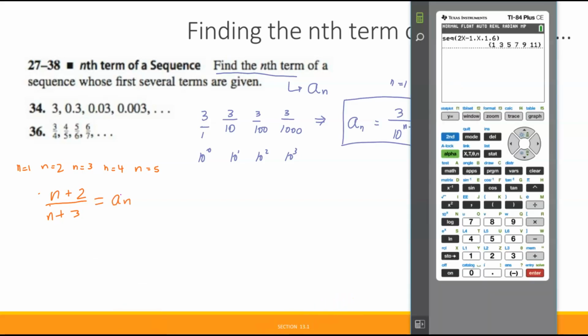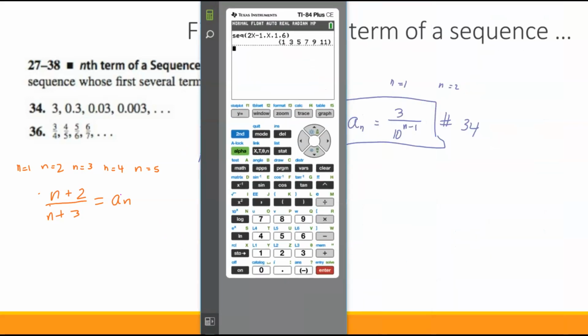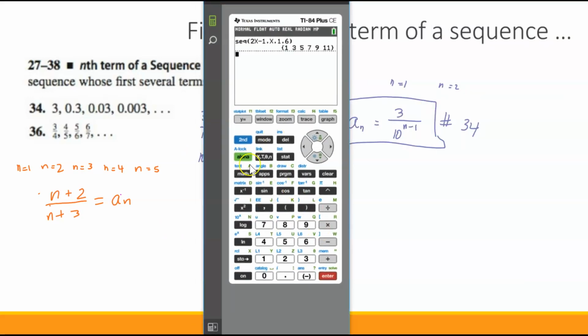If we check that in our calculator, let's see if we can get our terms generated. We're going to go to second list ops. We're going to go to option 5, which is sequence. We think the formula is n plus 2 in the numerator and n plus 3 in the denominator. x was the variable that happened to be used in that expression.